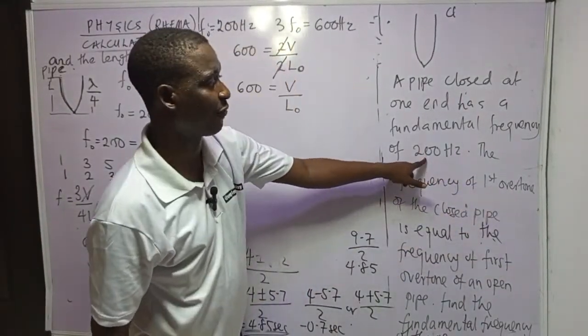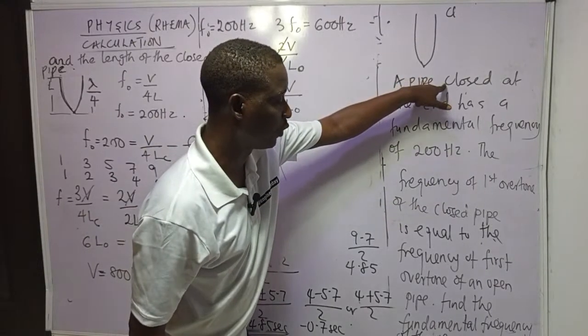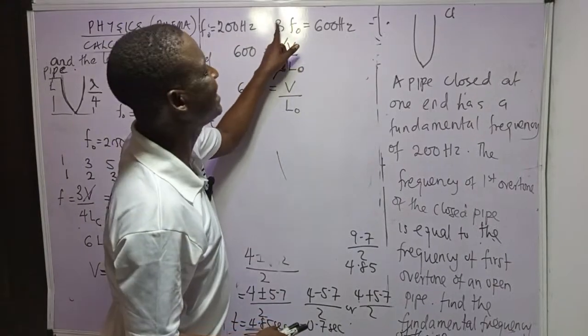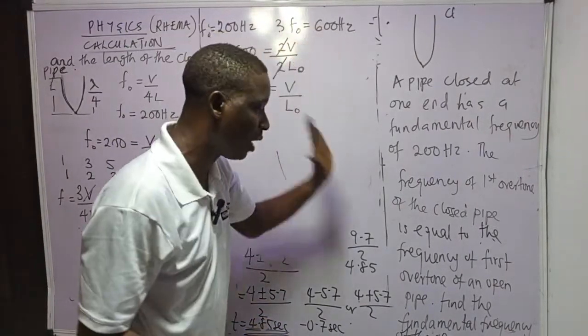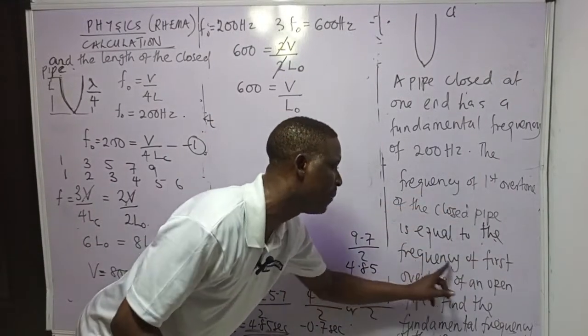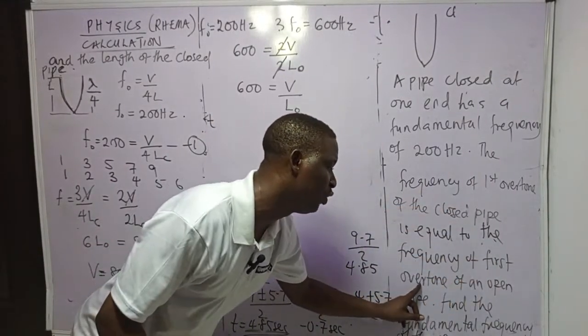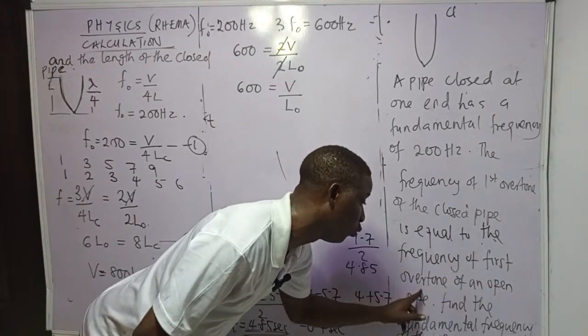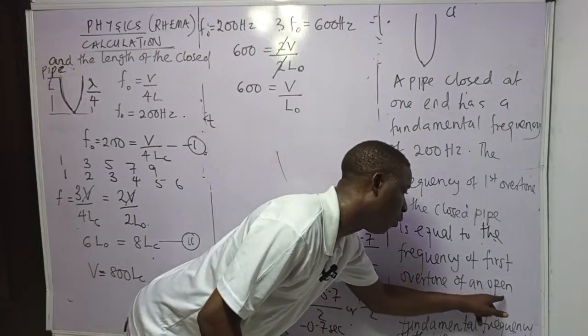They're giving us the fundamental frequency of the closed pipe, so the first overtone is 3F naught, which is 3 times 200, which is 600. Now, they're not saying that the first overtone is equal to the fundamental frequency of the open pipe, but the first overtone of an open pipe.